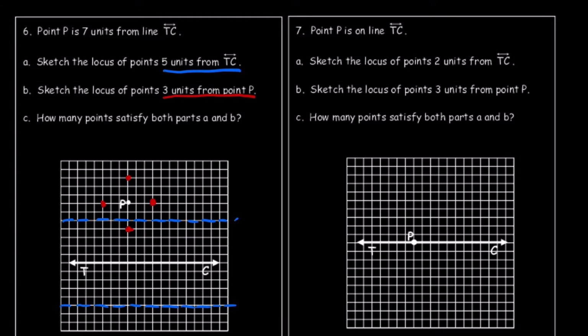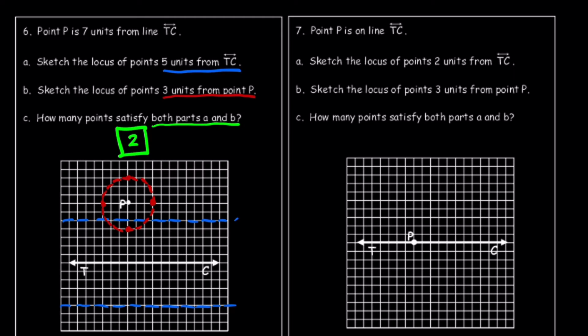And then you want to sketch in a dashed circle that goes through those 4 points, like so. And the last question says how many points satisfy both parts A and B. So it would be where the red circle intersects your blue lines. And I think it's easy to see 1, 2. 2 locations. So that would be the answer to that.